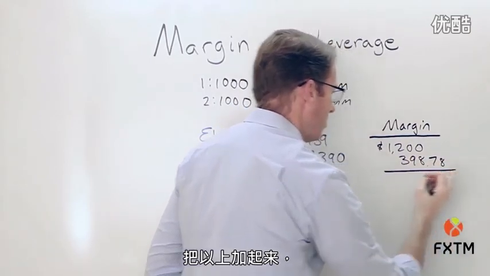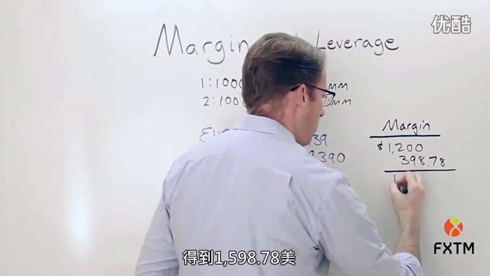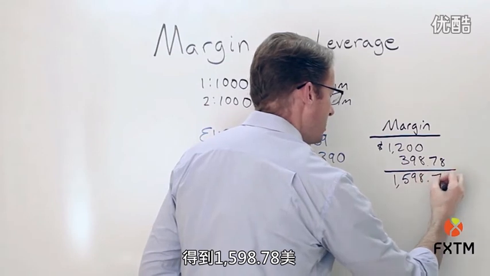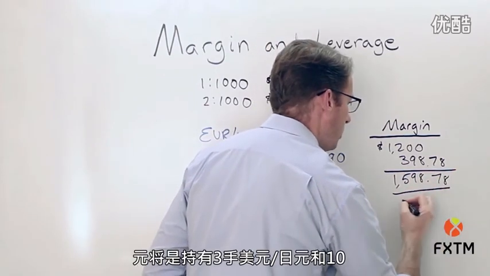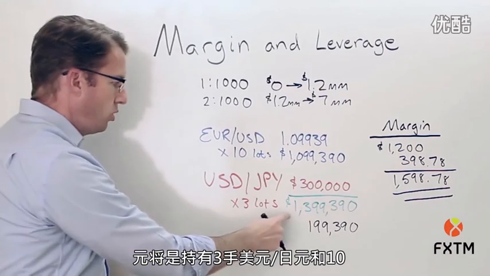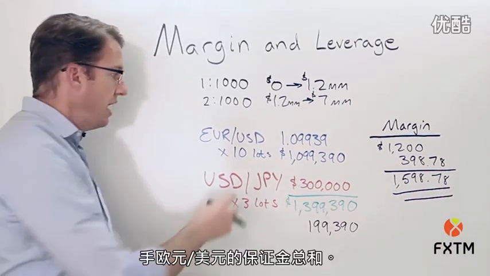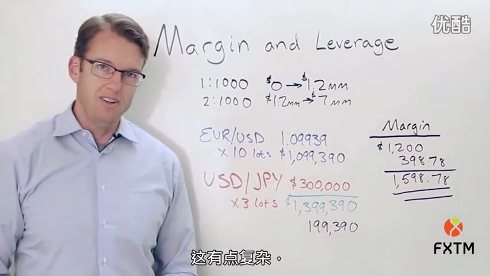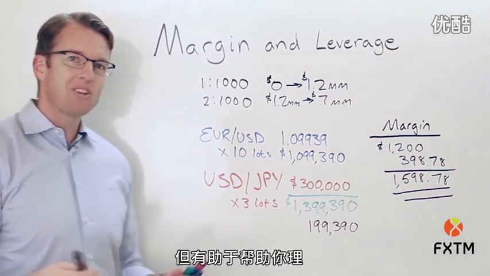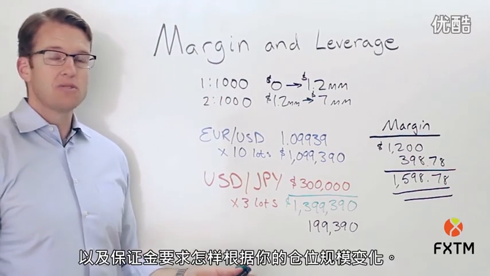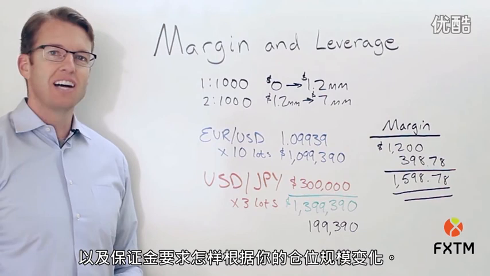All right, so if we add those up, I get $1,598.78 as the total margin requirement to hold open this position that consists of 3 lots of the dollar-yen and 10 lots of the euro-US dollar. So it's a little bit more complicated, but it should help you to understand how margin and leverage relate to each other and how the margin requirement may change depending on the size of your position.